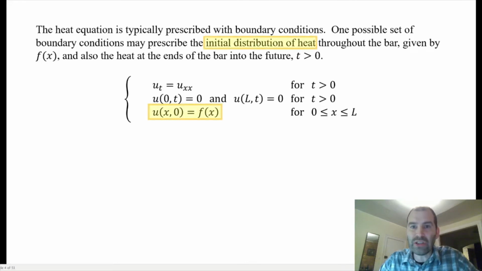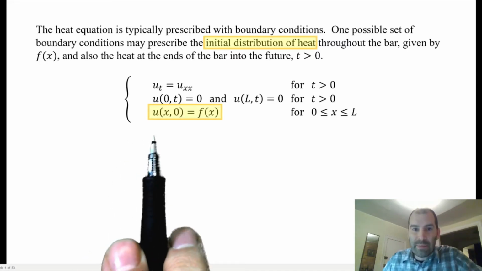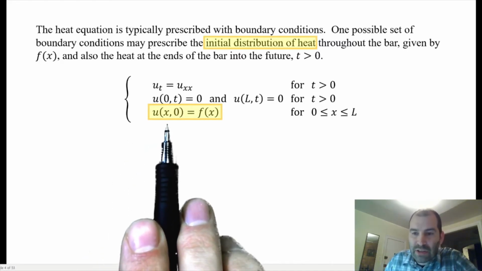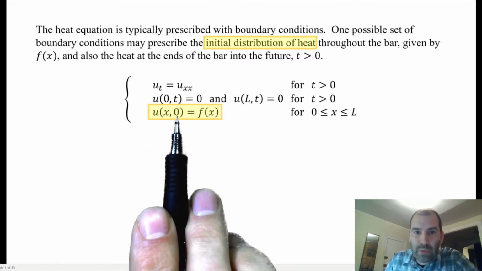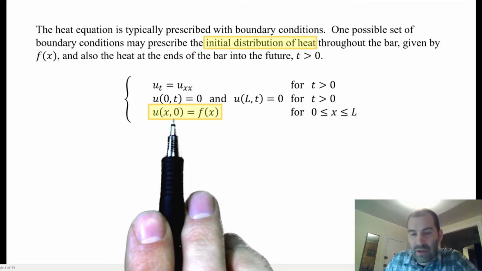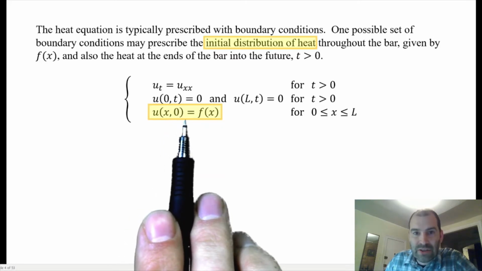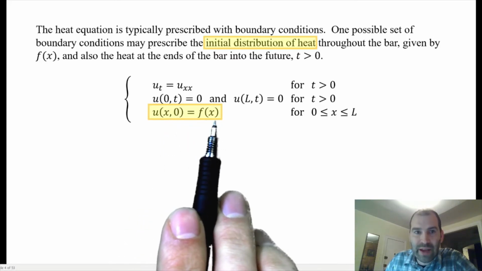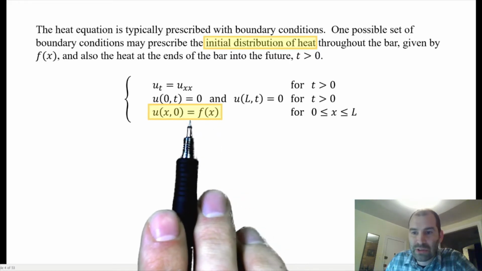So the initial distribution of heat throughout the bar is going to be given by this function f of x, as we said. So remember that u is a function of x and t. So what we're saying here is that when t is 0, u of x is just equal to this function f of x. That's going to be the initial distribution of heat.